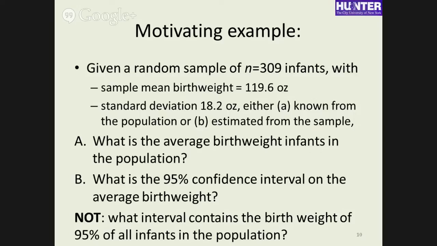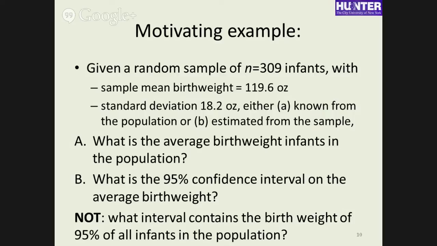So we also estimate the standard deviation, or actually maybe we for some reason know it from the population from some much larger study. More often it will be estimated from the sample. So then the questions that we want to know: what is the average birth weight of infants in the population? That would be the point estimate, which you just said.